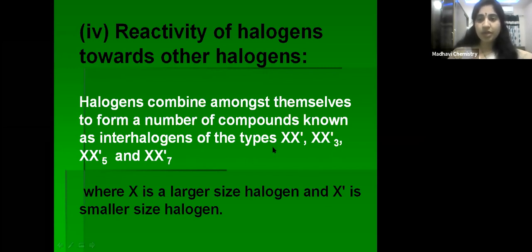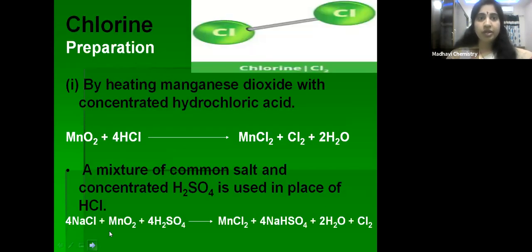Okay children, so they can form interhalogen compounds like XX', XX'3, XX'5 and XX'7 type, where X and X' are both halogens, but X is the halogen of larger size and X' is a halogen of smaller size, right? Okay, next, coming to a very important topic, that is chlorine.